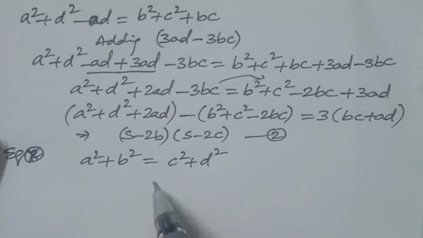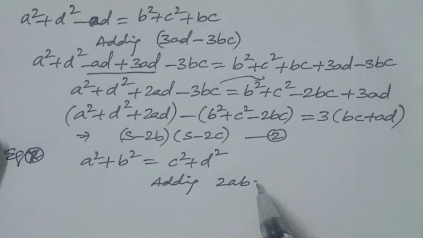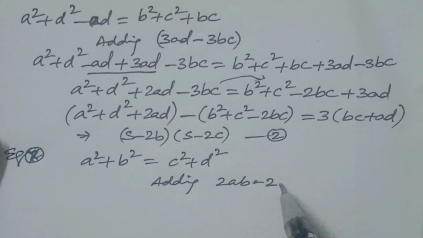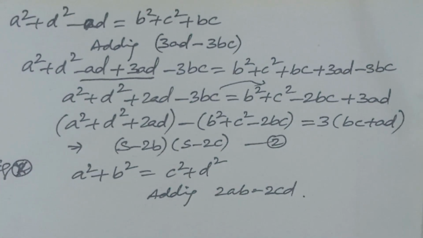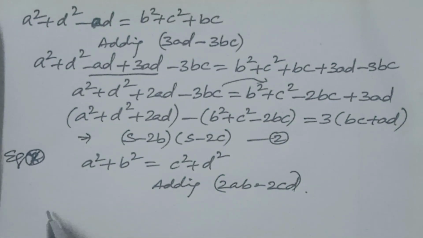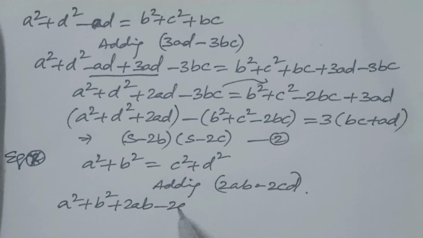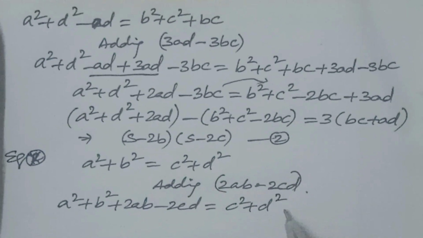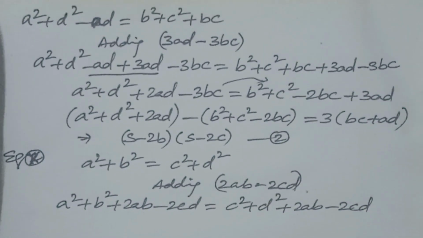Here also we are adding 2AB minus 2CD on both sides. So here A square plus B square plus 2AB minus 2CD is equal to C square plus D square plus 2AB minus 2CD.